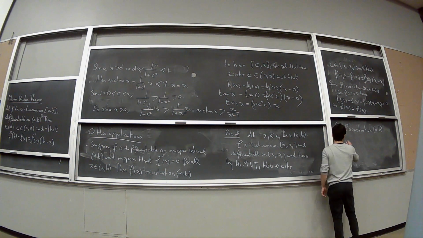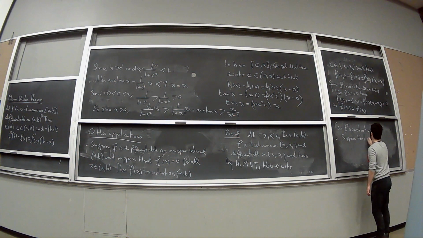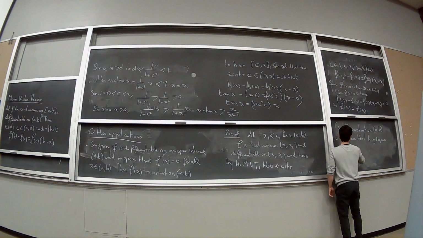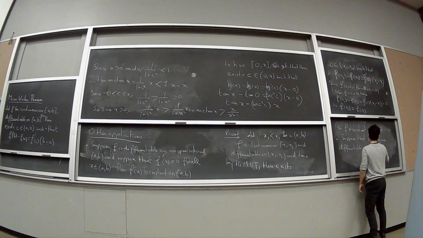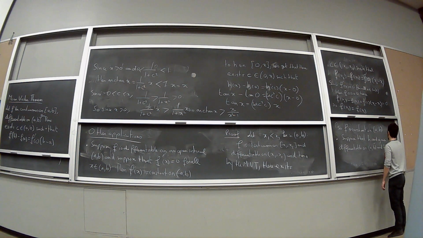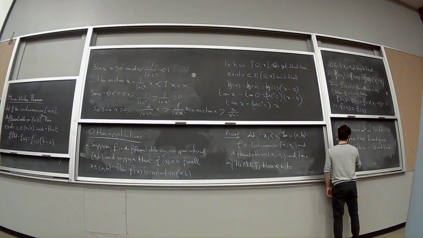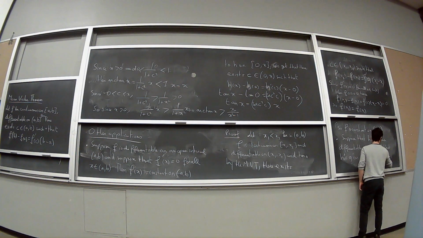Now suppose that g and h are differentiable on AB, and that h prime of x is equal to g prime of x for all x in AB.